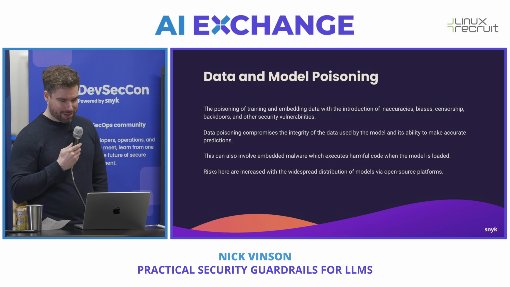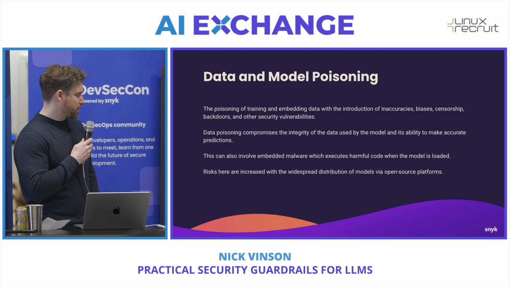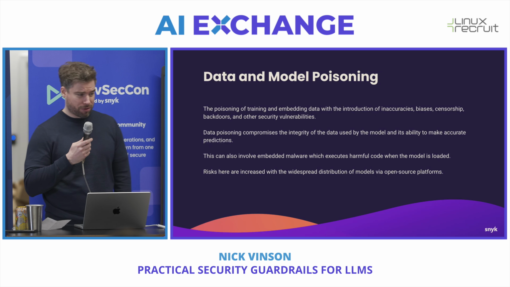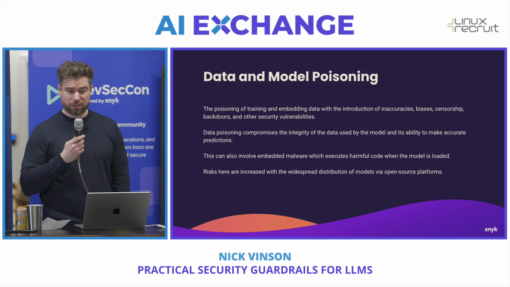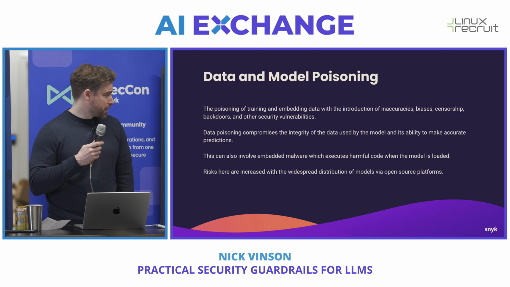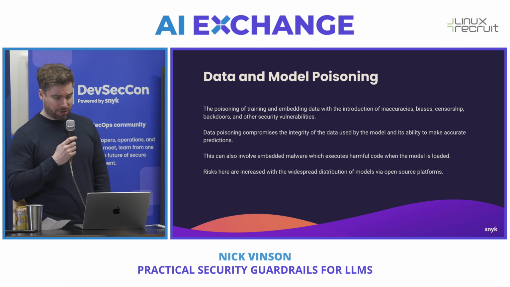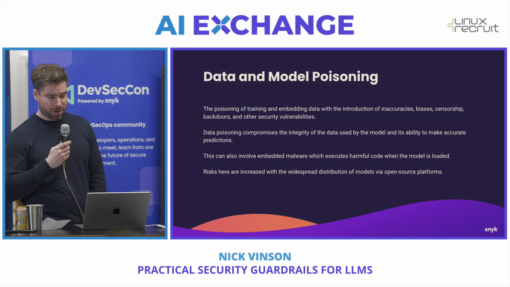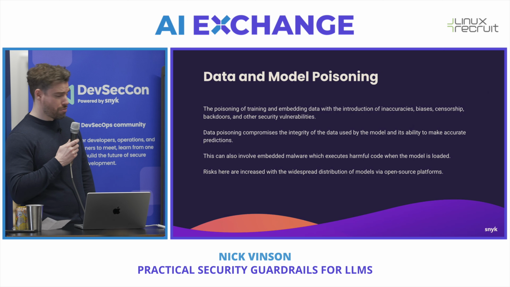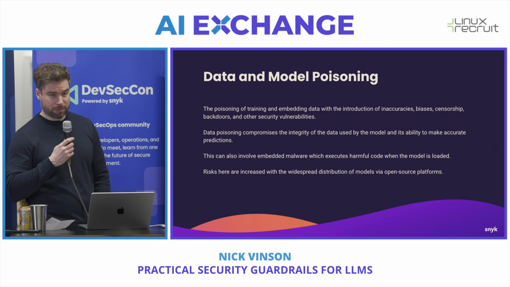Or it could manifest as more convoluted backdoors, or even harmful code executing when the model is loaded. There are greater risks here with the widespread distribution of models on platforms like Hugging Face, often with little or no accompanying security assurance information.